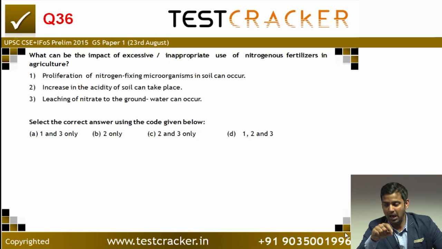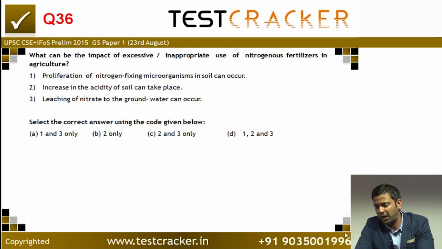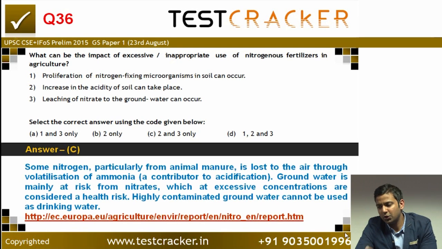These kind of situations, not in this year, but in the previous year's economic survey, you had a blue box which talked about the problems which India is facing as a result of excessive use of nitrogen in the soil, which is a result of excessive or unjust subsidizing of urea. Right. So if you could have remembered that, the answer here is 2 and 3 only.